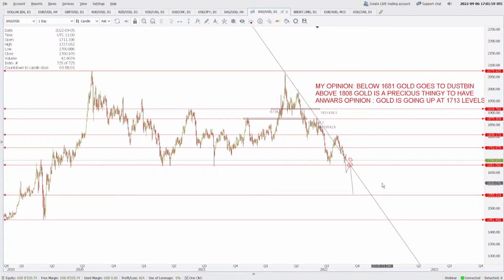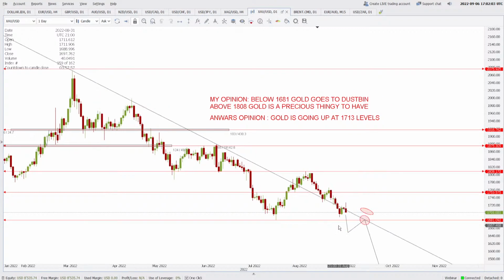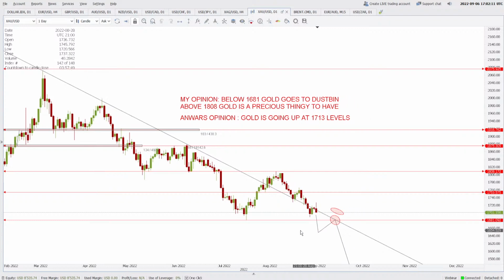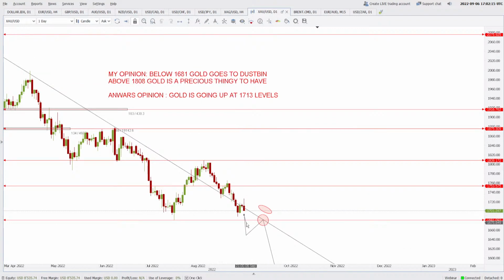So holding gold in the long direction is not a good idea. But if you want to open a sell position in gold, do not open it now. Let the gold go below 1681, then wait for a retest of this zone of 1681 and sell it with a small stop loss so that your risk is small. Okay, Anwar got it. Nice.